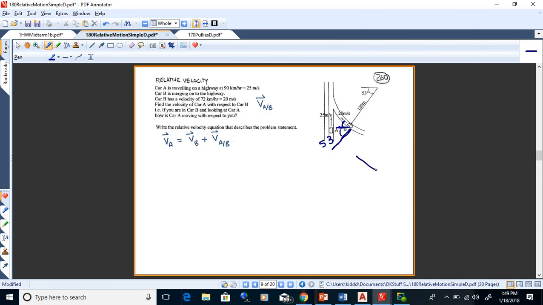What I've got here is a right angle, because I've got the velocity, which is tangent to the circle, which is perpendicular to the radius, and I've got an extension of the radius. That's a right angle. That's 53. So what's this one going to be? Yeah, 37. Use the law of signs. Okay, might work. So there you go. That's 37 up left.